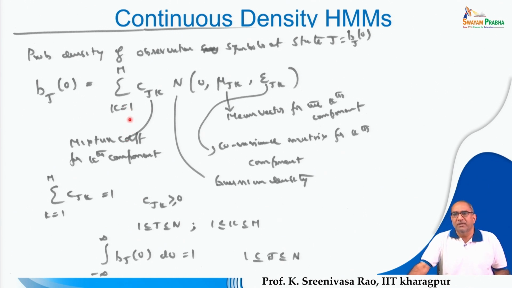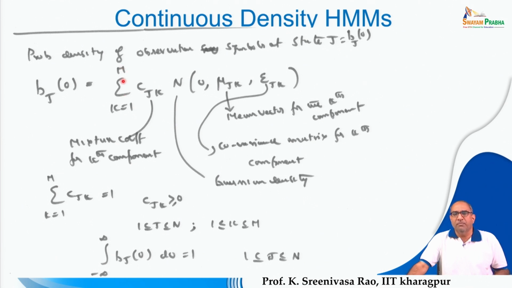To represent a probability density function, each state is represented by a mixture model. So here Bj of O is nothing but the state j being represented by a mixture model with M components. You can see that Cjk is a mixture coefficient for the kth component.